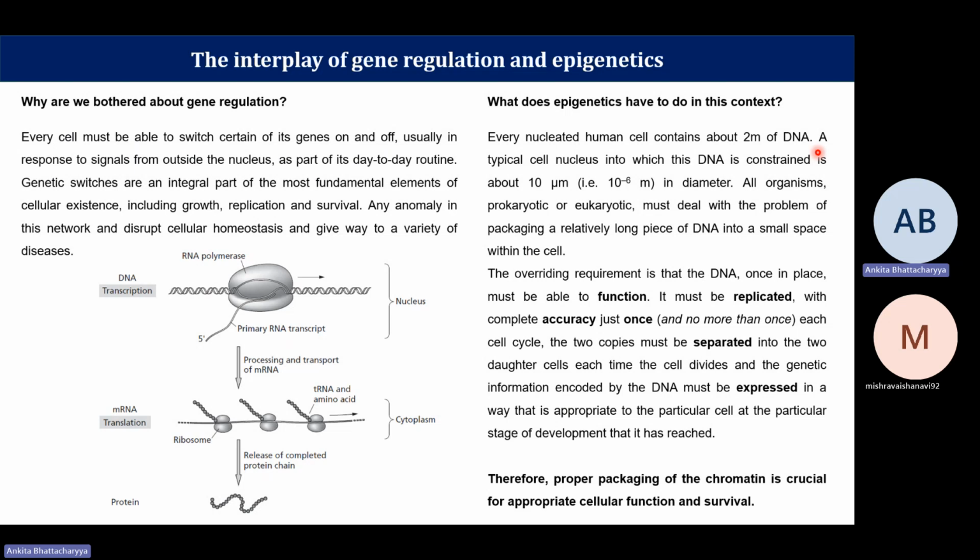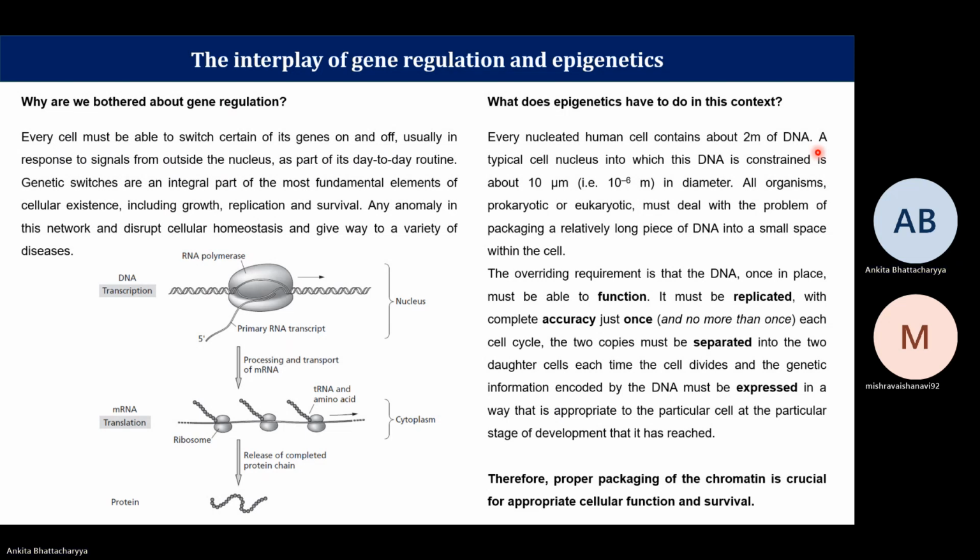So what is the overriding requirement, therefore, for any cell and for its DNA to actually be properly regulated is that the DNA, once it has been accommodated, should be able to actually function. What do we mean by function?